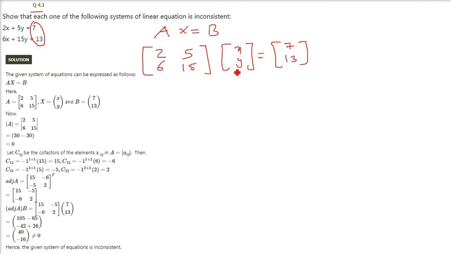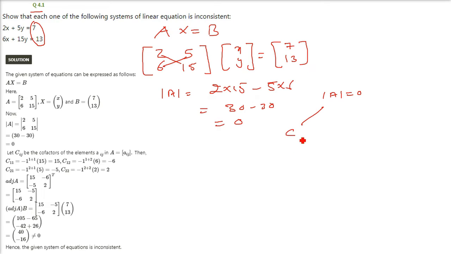Now, first of all, we'll find the determinant of A. So 2 into 15 minus 5 into 6, you get 30 minus 30, that is 0. Now, when the determinant of A was not equal to 0, we had a consistent solution. But when the determinant of A is 0, there can be two options: consistent with infinite solutions, and inconsistent.